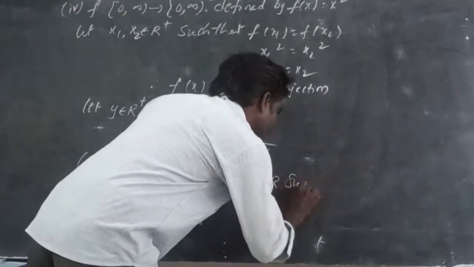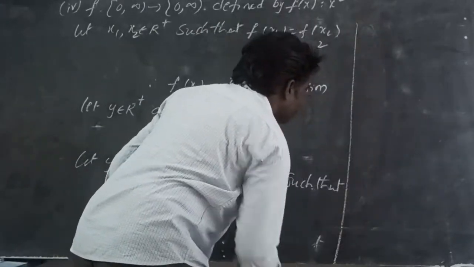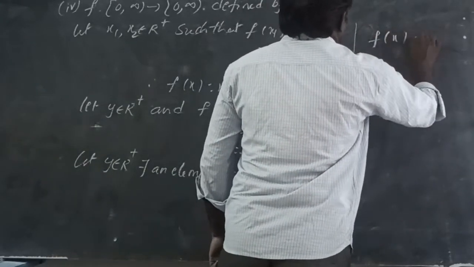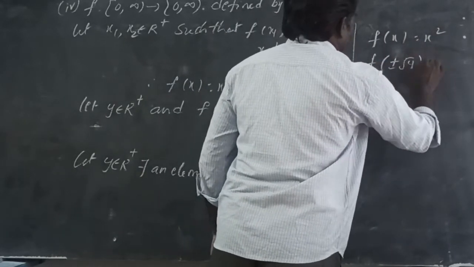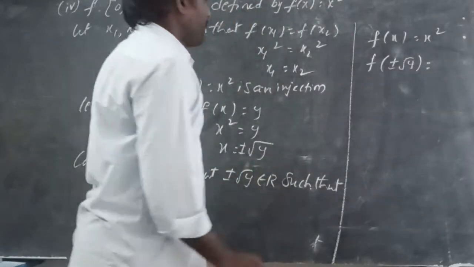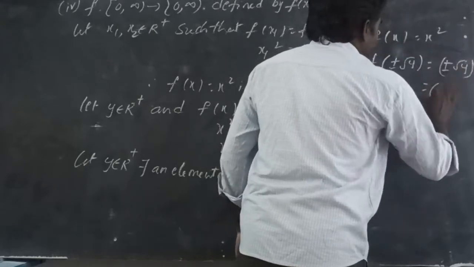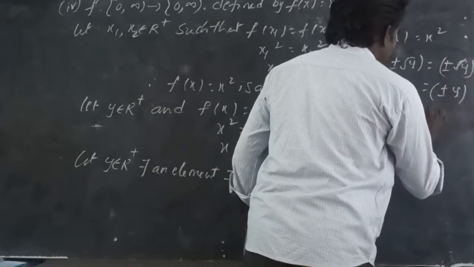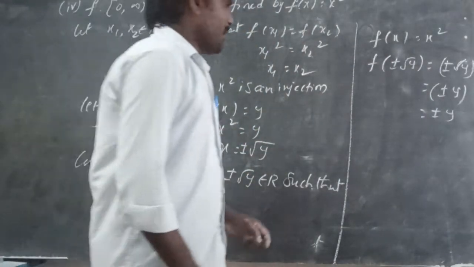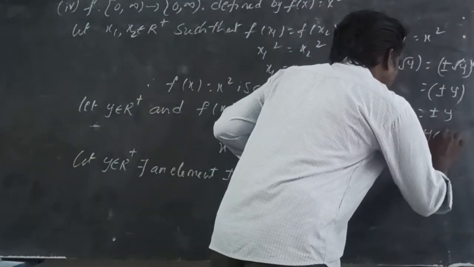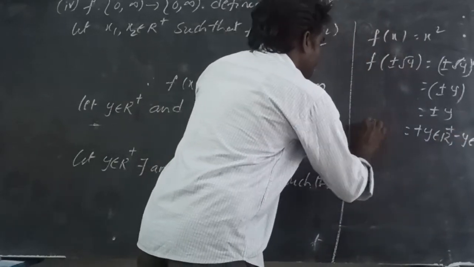such that f of x is equal to x square. So f of plus or minus root y is plus or minus root y whole square. So the square and square root cancel, giving y. But here plus root y belongs to positive real numbers, minus root y does not belong to positive real numbers.